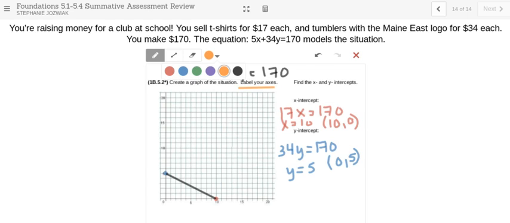Now, in order to do that, we need to look a little bit more closely at this problem. So it says that you sell t-shirts for $17 each. If we notice, the 17 is by the x, which means the x variable has to have something to do with the t-shirts, right? And we know how much money we made, which means that the x variable, the thing that we don't know, is how many t-shirts we actually sold. So the x variable and the label that I want here is the number of t-shirts sold.